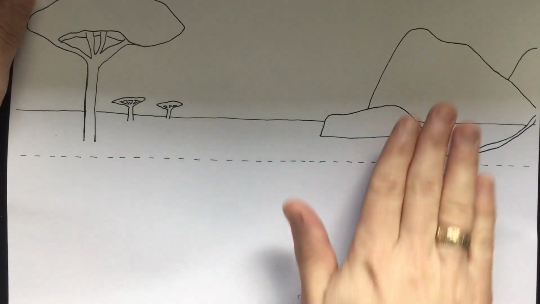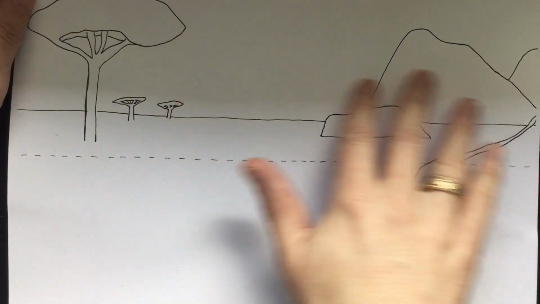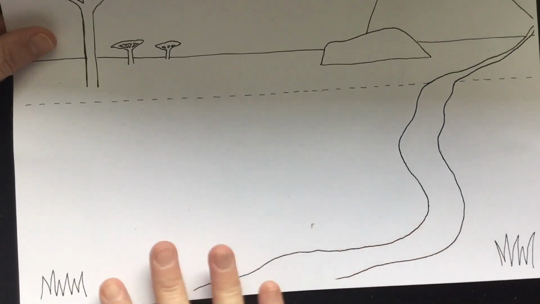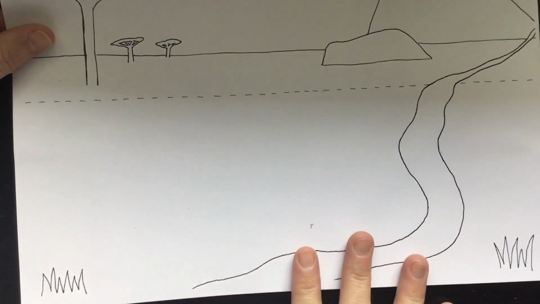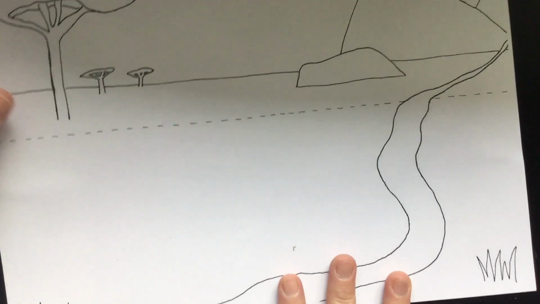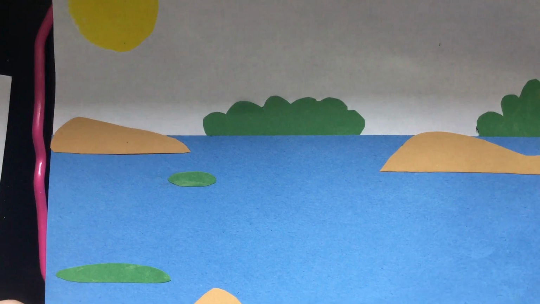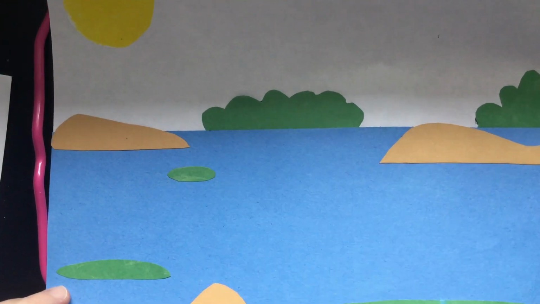We call things in the back the background, and as things get closer, this is called the foreground. So that's one example of a landscape. And here is another example of a landscape.